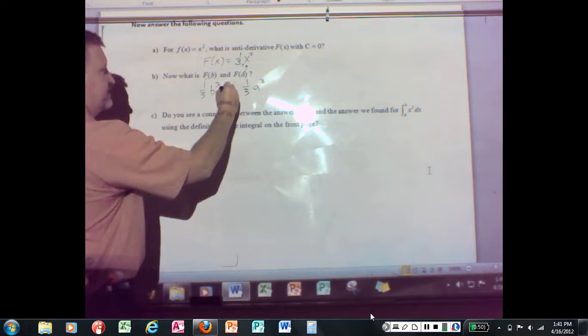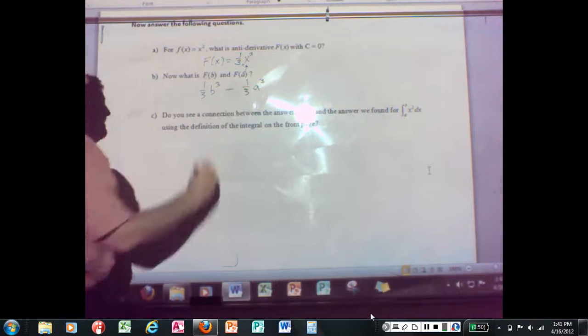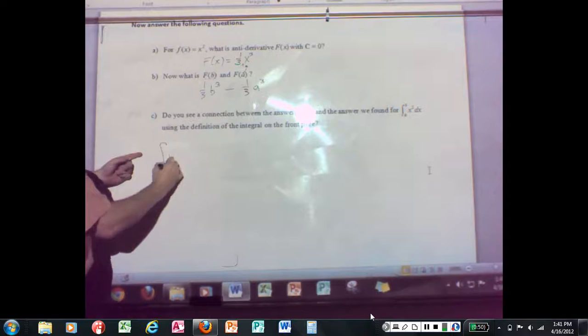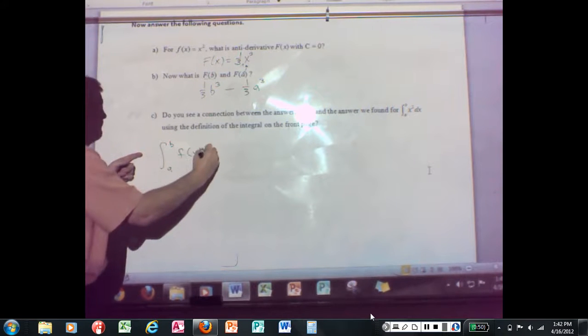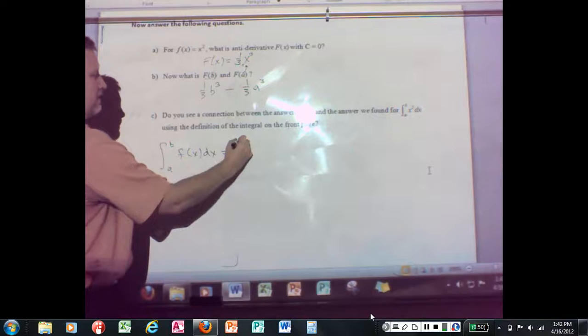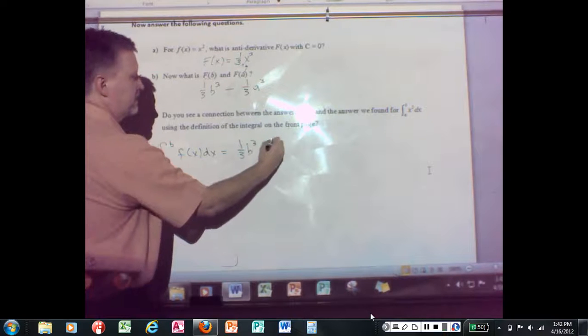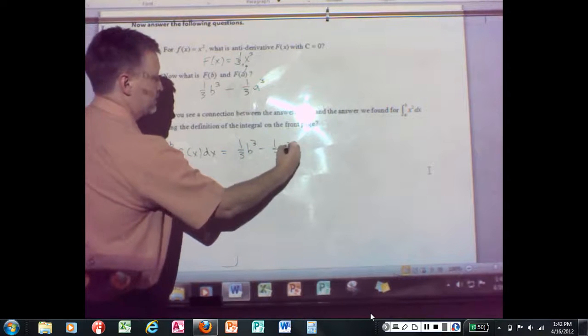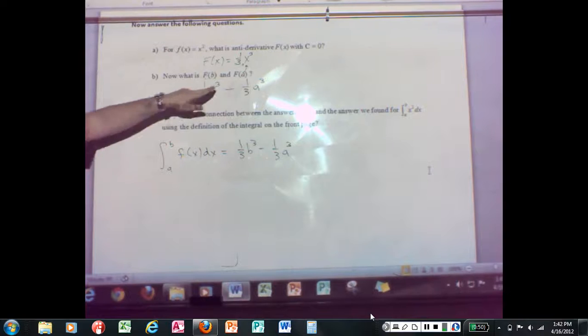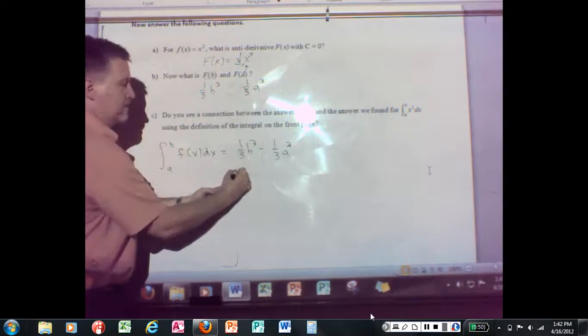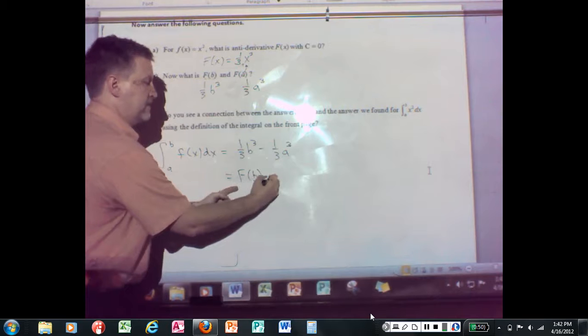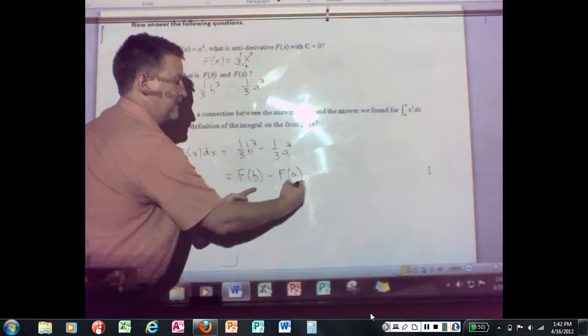Do you see a connection between this and what we just found? The integral we found on the previous page was 1/3 b cubed minus 1/3 a cubed. Isn't that the antiderivative evaluated at b minus the antiderivative evaluated at a?